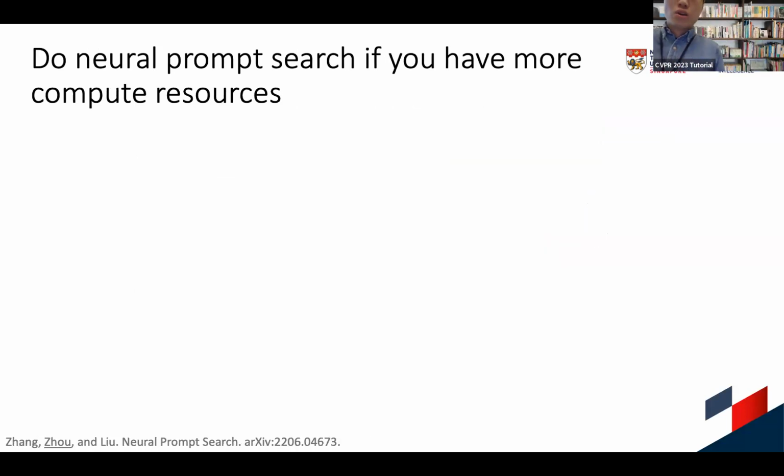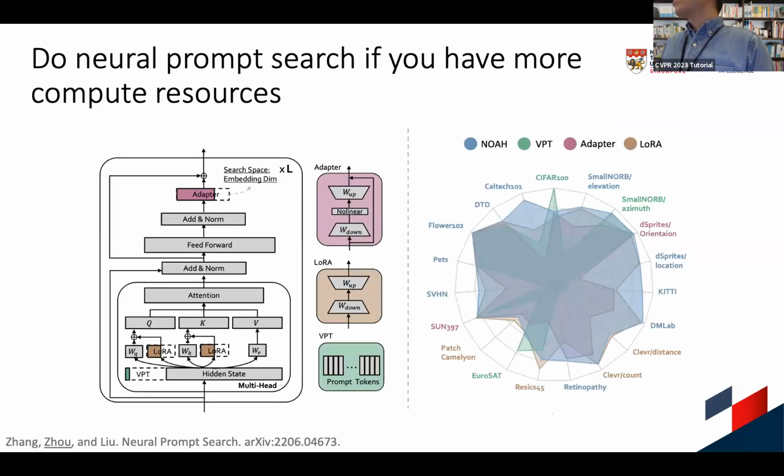In a case where you have more compute resources, you want to not just tune the prompt tokens in the input space, you want to tune the entire vision transformer. So what you can do is use neural architecture search.